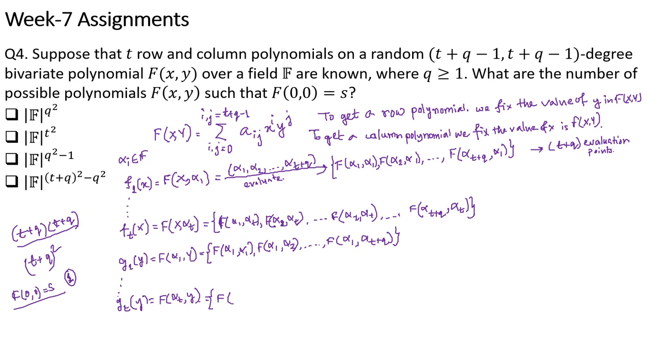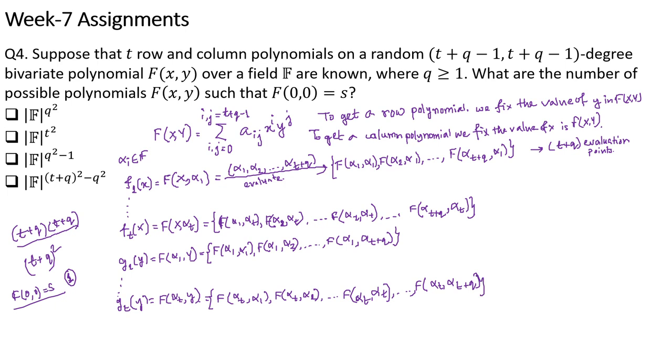Here we get f(alpha t, alpha 1), f(alpha t, alpha 2), till f(alpha t, alpha t plus q).